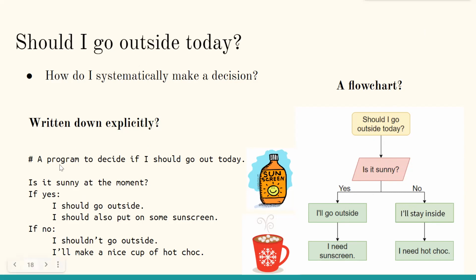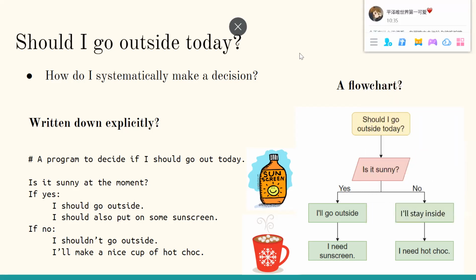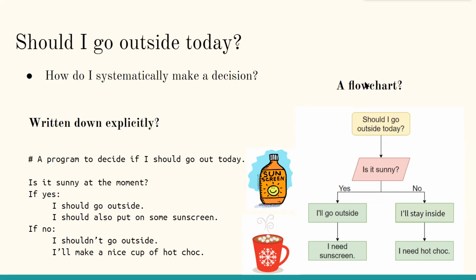Also, we can write down explicitly. Here you can see this is an example of a plain language description of what your program does. What I'm trying to say here is that we should think about the goal of our code before we do the actual coding, and that's the main point of the principle of algorithm. By using the flowchart, it can help us to plan.